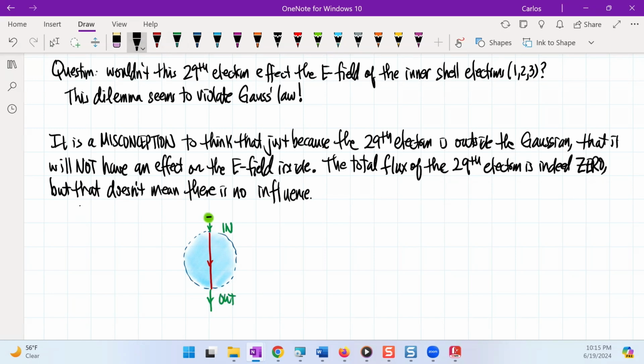So when I look at this thing, the flux of the green here is equal to the flux of it coming in plus the flux of it coming out. And since they're equal numbers and they're opposite, that is clearly 0.